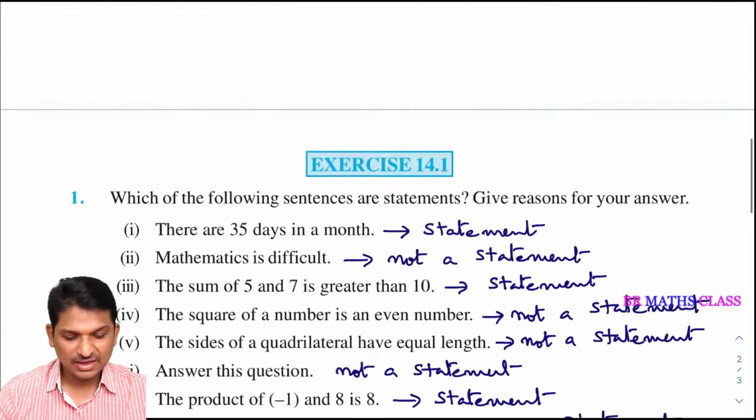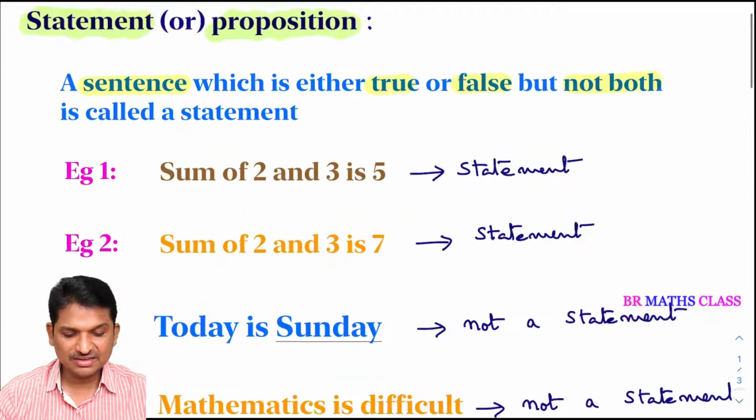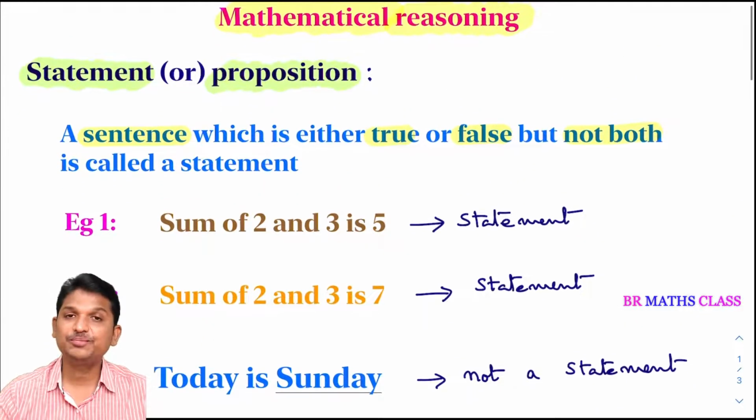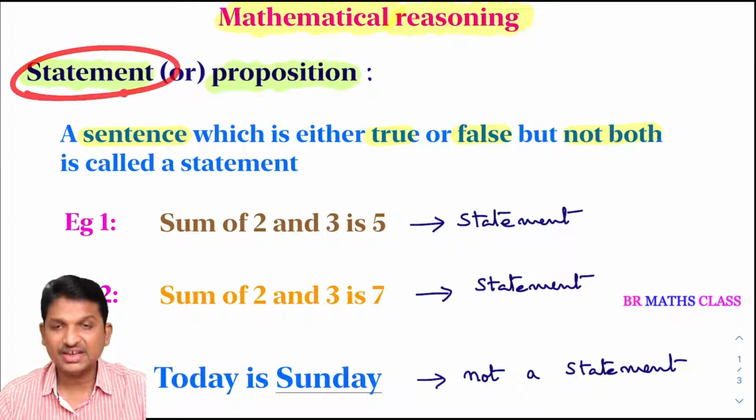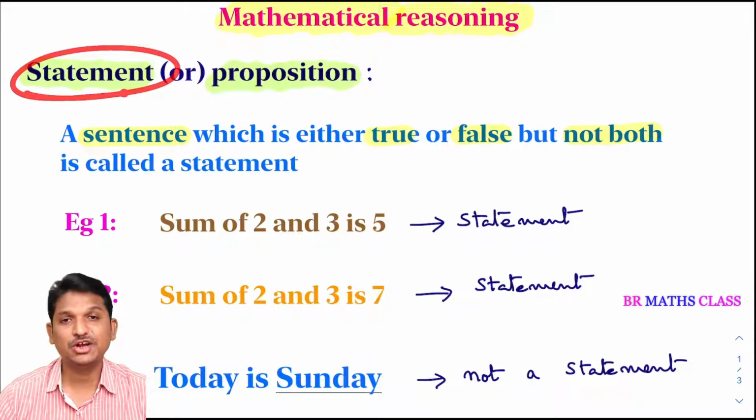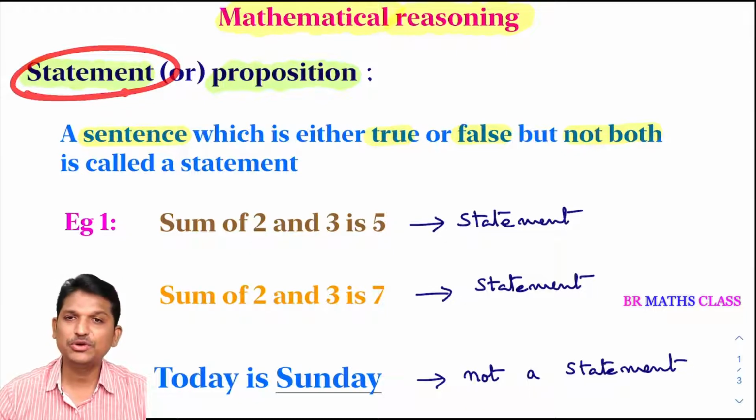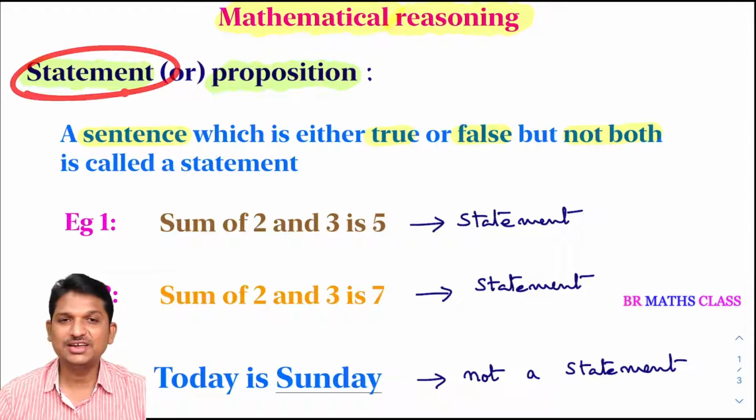That's all. So in this class, this is the first class of mathematical reasoning. We learned the definition of statement. What is a statement? It is a sentence which is either true or false, but not both. Statement is the hero of this story. In every exercise, we'll use statement, compound statement, negation of a statement, conditional statement, biconditional statement.